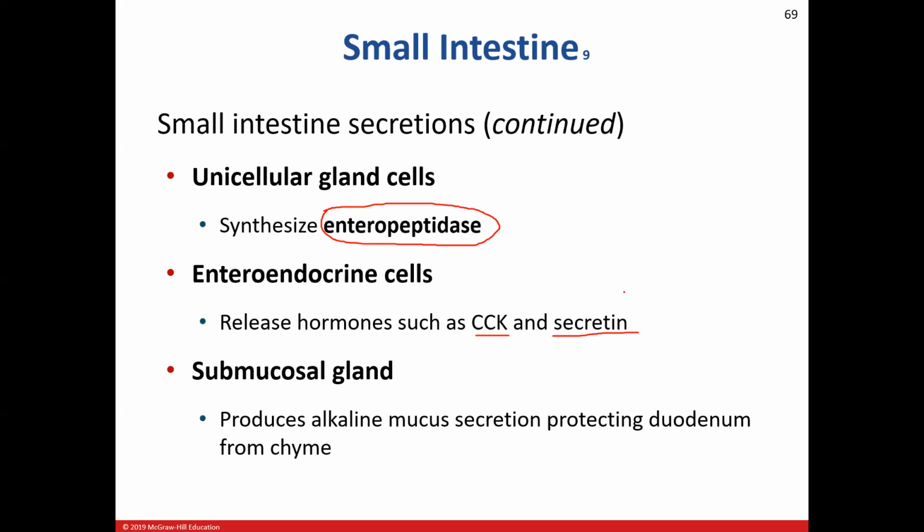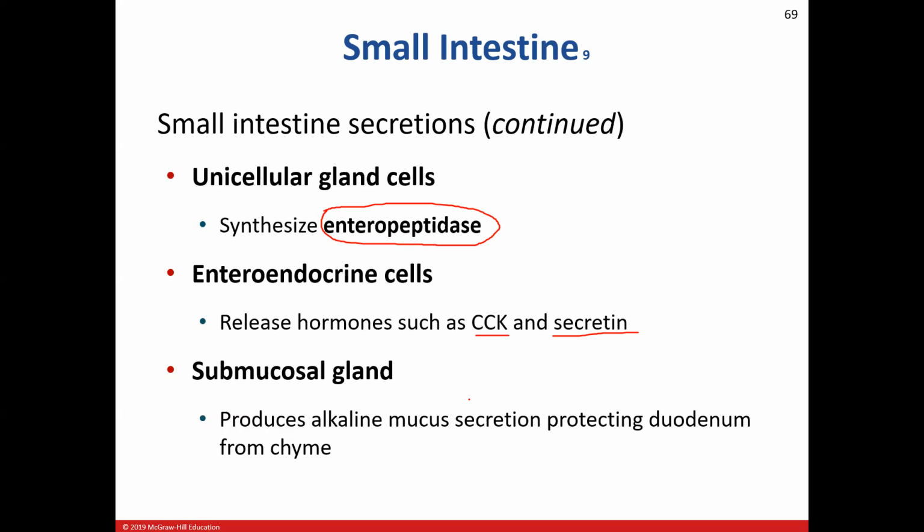And then, of course, I haven't really talked about the submucosal glands. But if you recall, the stomach contents are going to have a low pH because of the hydrochloric acid. Hydrochloric acid has a pH value of 1, which is pretty acidic.